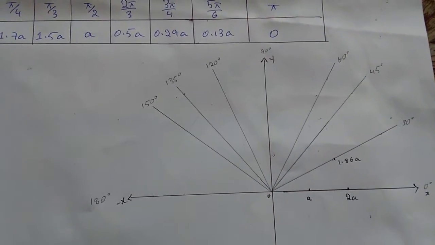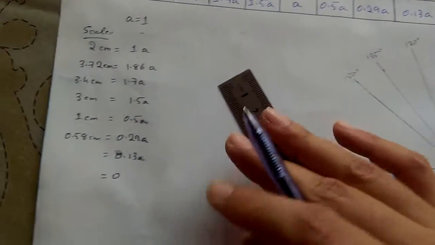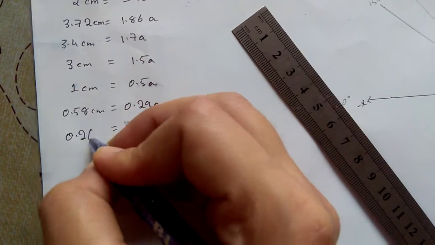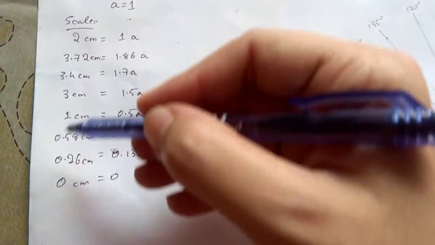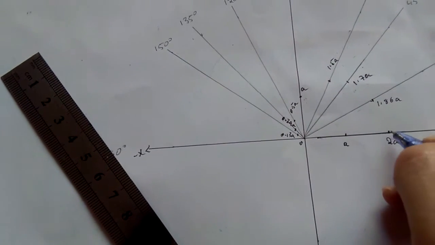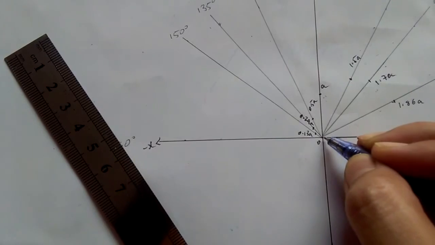So that's how it looks. These are the points that I have just plotted on the basis of this scale. So it is 0.6 centimeter, this is 0 centimeter. I've just managed this scale, and I maintained these points, and then I'm going to join them. I will join all these points from here to here like this.